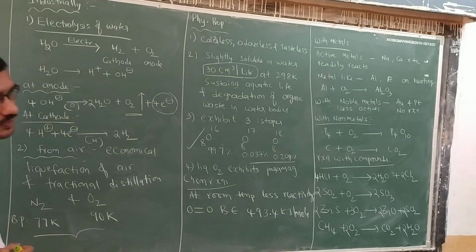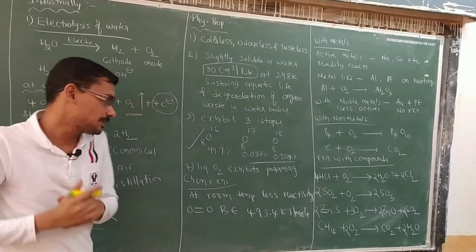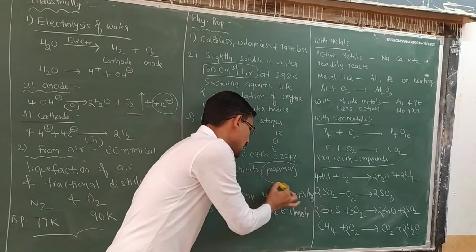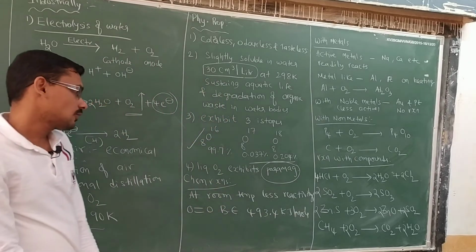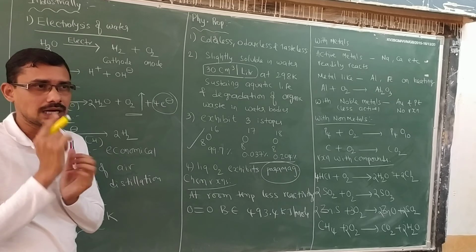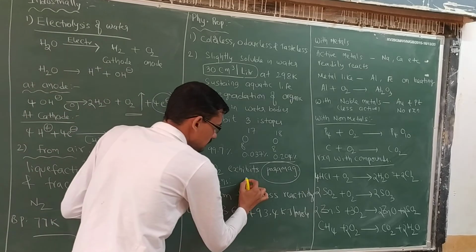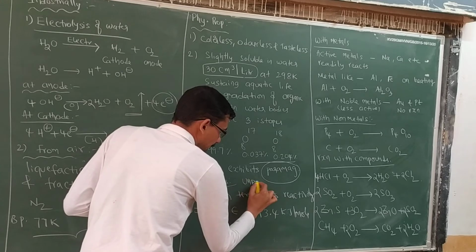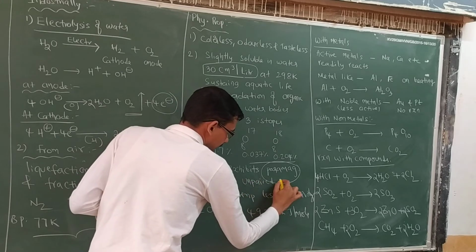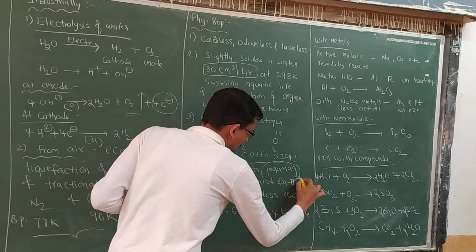O16 is also stable. Next, the paramagnetic nature. What is the meaning of paramagnetic nature? Attracting the magnetic field. Now, when you observe here, oxygen has unpaired electrons. Where? In the pi star orbitals.